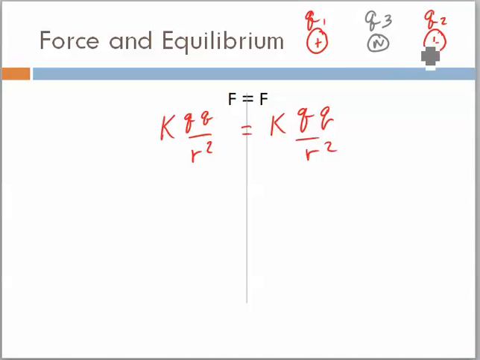At some distance from these other two charges, it's going to fall into equilibrium, meaning that the force of attraction or repulsion here would be equal and opposite in direction over here. So let's make this charge 3 a positive charge, then Q1 is repelling it.